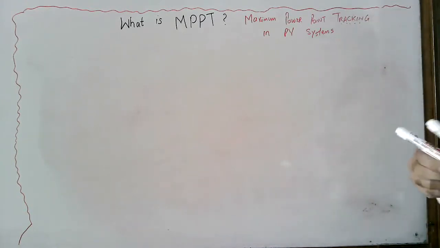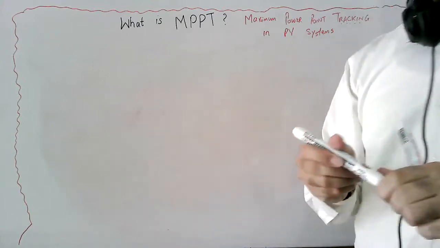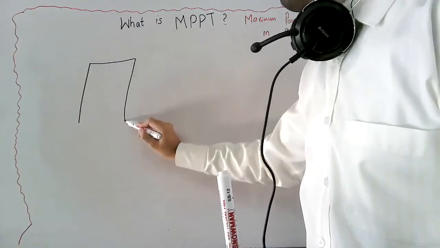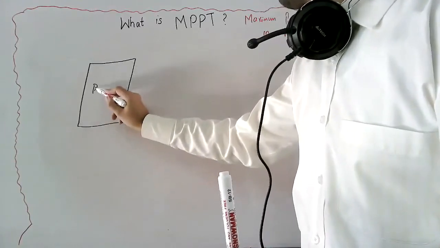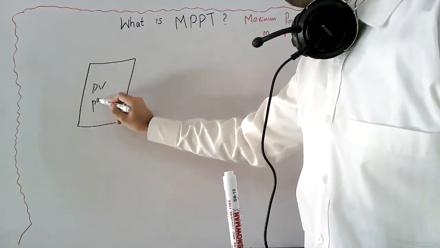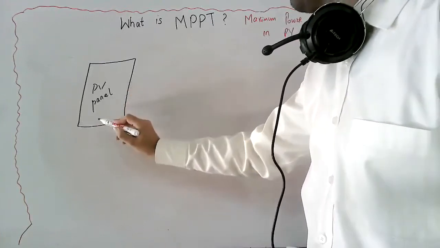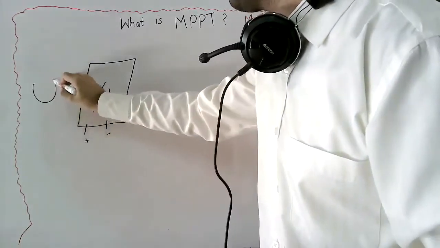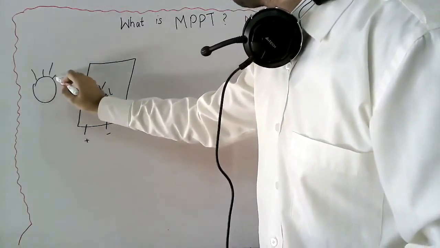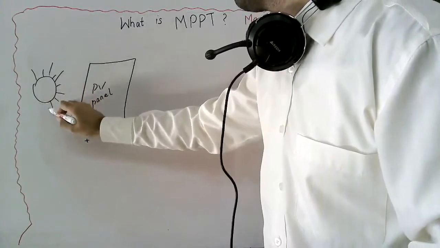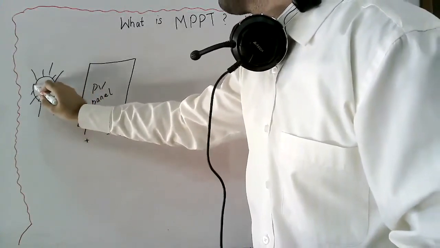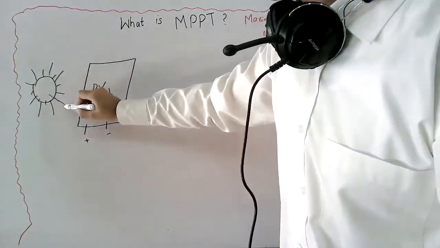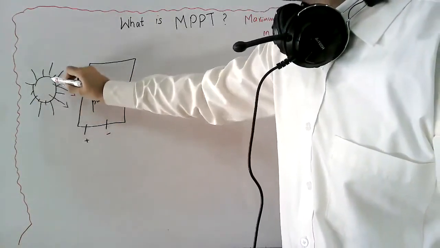What does it mean? Let's say here you have a PV module. This is the PV panel, or you can say solar panel or PV module, and here you have the sunlight. Sun rays are there on the PV panel.